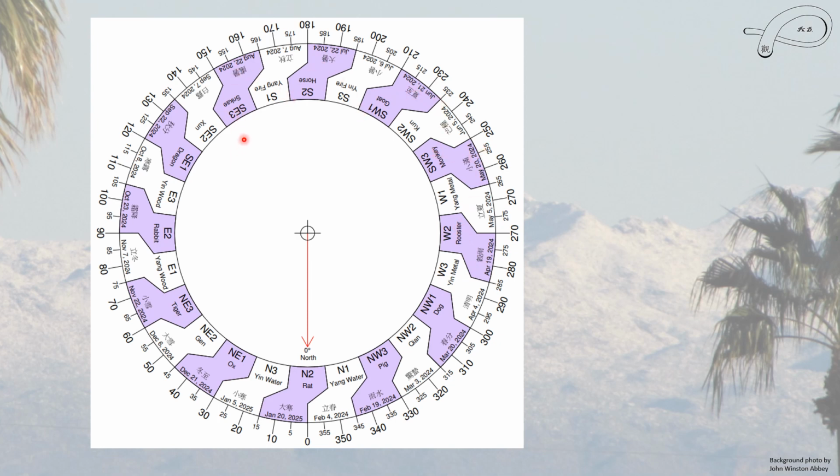And so these are the dates that, for example, the Southeast 3 is aligned with the heaven plate, starting on August 22nd of 2024. I have put down the names of the GTA in Chinese because they're very short. The English words are very long. It's just easier this way. But this is not too important. It's the date that's important.